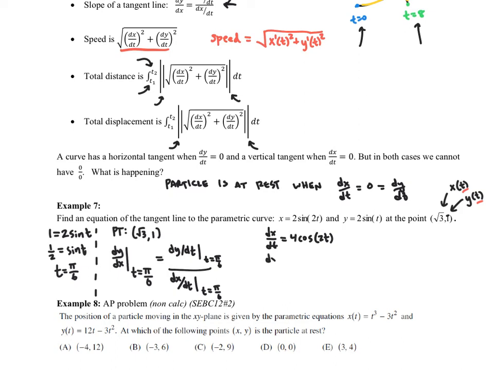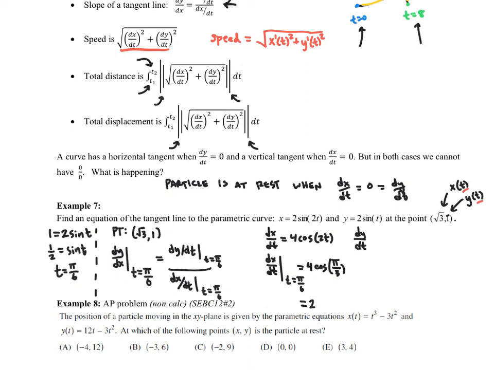Okay, so dx/dt at t equals pi over 6 would equal 4 times the cosine of 2 times pi over 6, which is pi over 3. Cosine of pi over 3 is 1/2. Therefore, dx/dt at t equals pi over 6 would be 4 times 1/2, which would be 2.